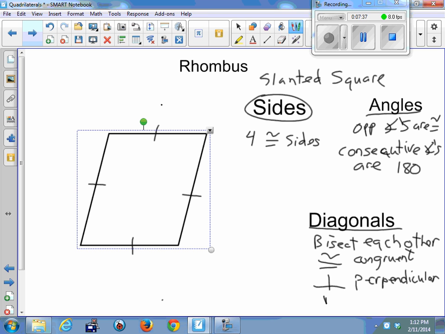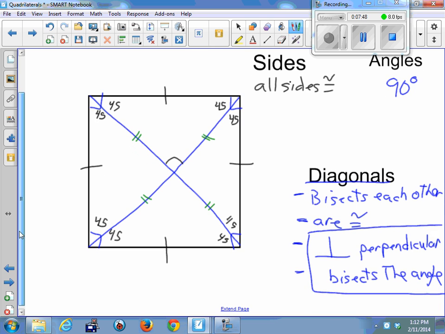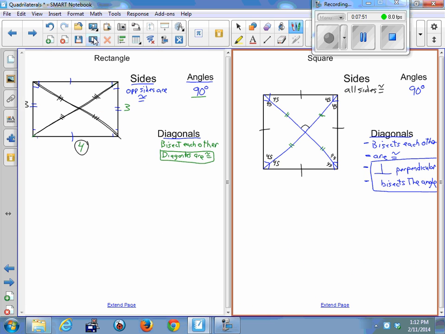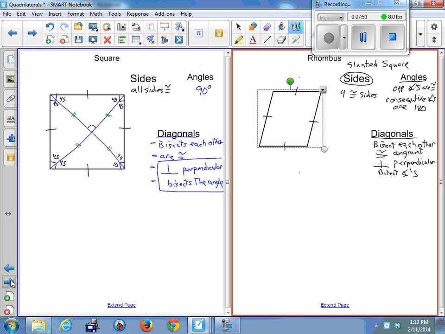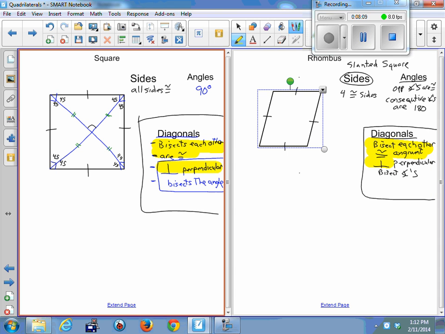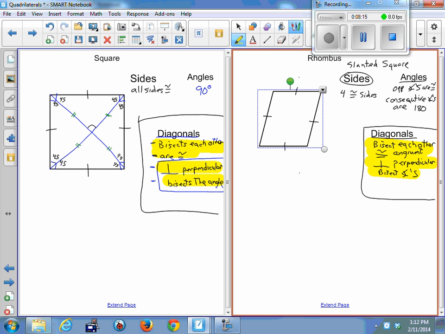And then they also bisect the angles. So if you compare a rhombus, the diagonals are the same. They bisect each other. If you compare just the diagonals, just this part here, they bisect each other. They are congruent. They intersect at a 90-degree angle, and they bisect the angle. So those diagonals are the same.